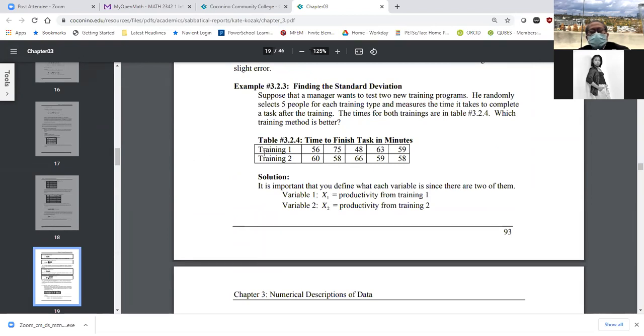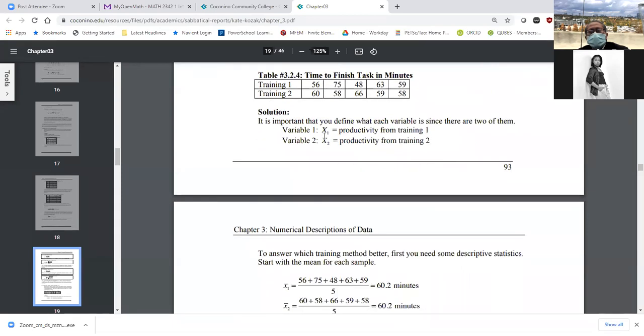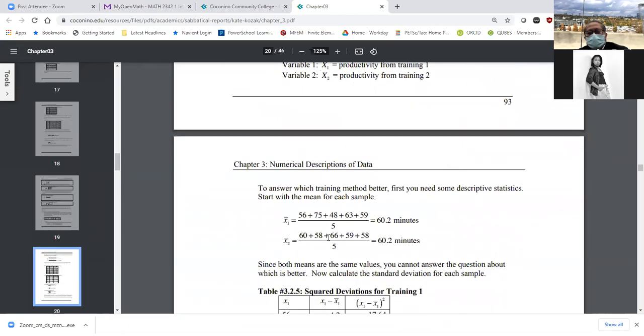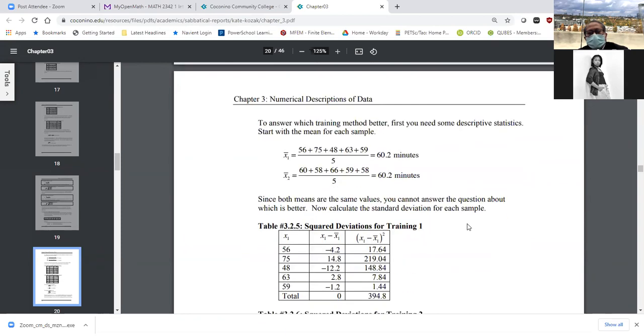So for example, we have two types of training here: training 1, training 2. And this is the data. Okay, so for example, variable 1 is productivity of training 1, productivity of training 2. You find the average for each training.